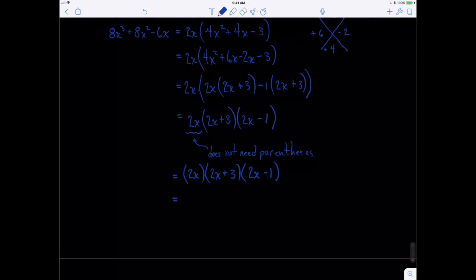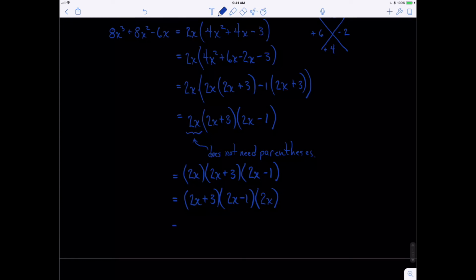Now, the first factor, the 2x, we always just put in front. Even though technically it could go anywhere, that's not the way we put it, and the computer won't recognize it. For you and I, we might simply be able to see that 2x plus 3 times 2x minus 1 times 2x is the same answer written in a different order, but to the computer that's a whole other order and a different answer.